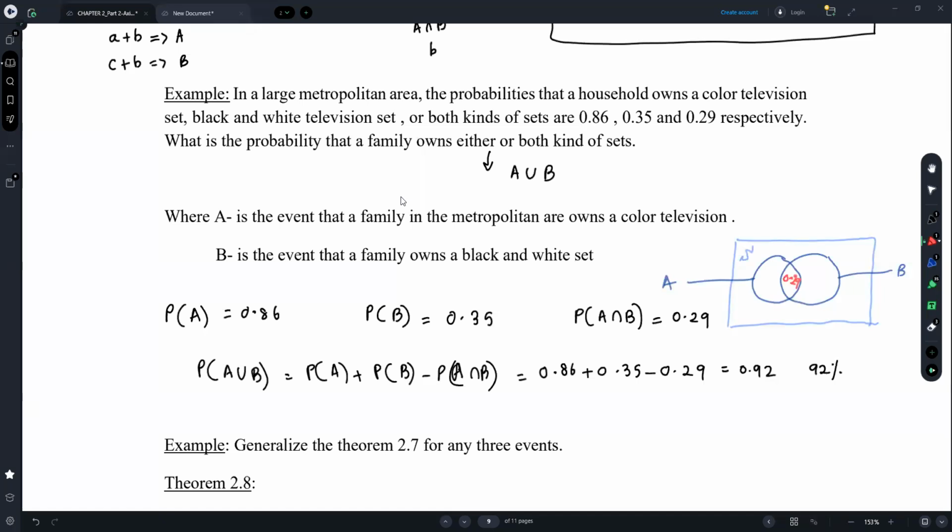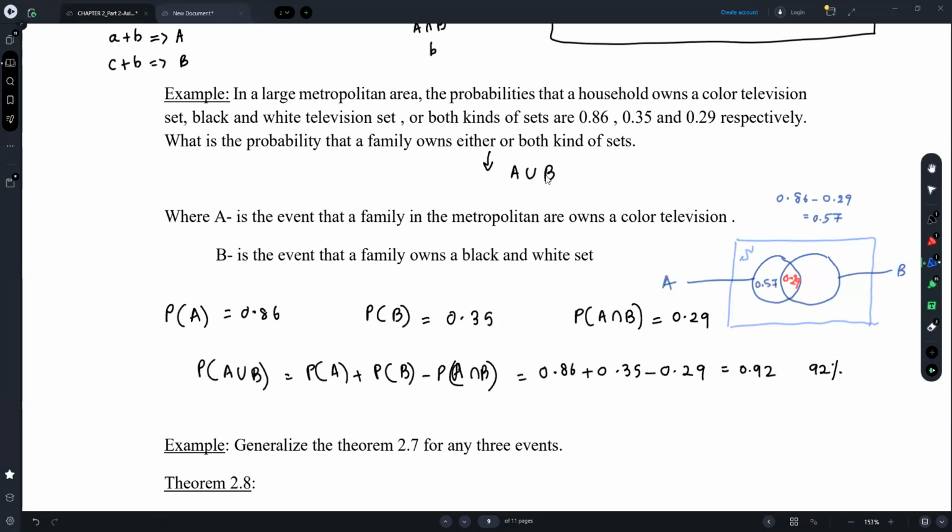Then what is the circle A? 0.86. So what is the value we should write here? This whole circle is 0.86. Out of that 0.86, 0.29 is already gone. So we have to subtract that. So what is the remaining value? You get 0.57. So that value should go here.